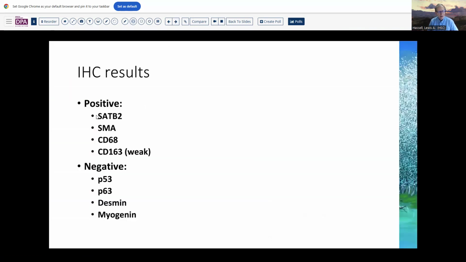They did SATB2, which they reported as positive, SMA, which also was positive, and then some somewhat non-specific stains, CD68, and maybe a little bit of CD163. I don't think these are truly indicative of histiocytic differentiation per se. There was negative P53, P63, desmin, and myogenic markers were negative.